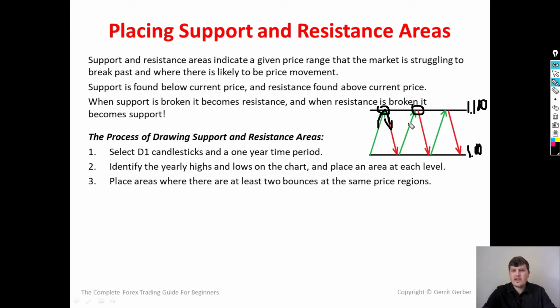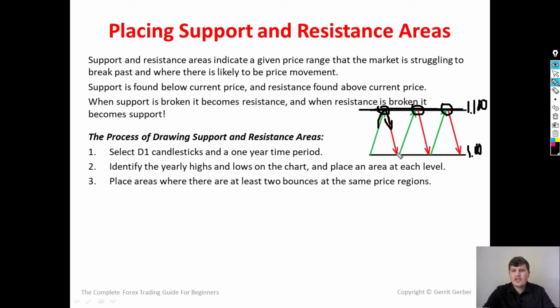By taking these 2 bounces, you connect them, you draw a line, and you see that later on as well there was a third bounce at the 1.1 price range, and this becomes your resistance area.